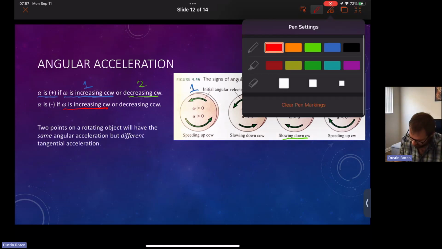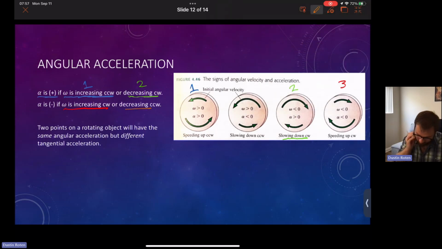Which means in our last scenario, if omega is decreasing counterclockwise, even though we're moving in the positive direction, we're slowing down, so our angular acceleration is negative. Two points on a rotating object will have the same angular acceleration, but they'll have different tangential acceleration. You can think back to that example where we had the two stickers on the wheel.